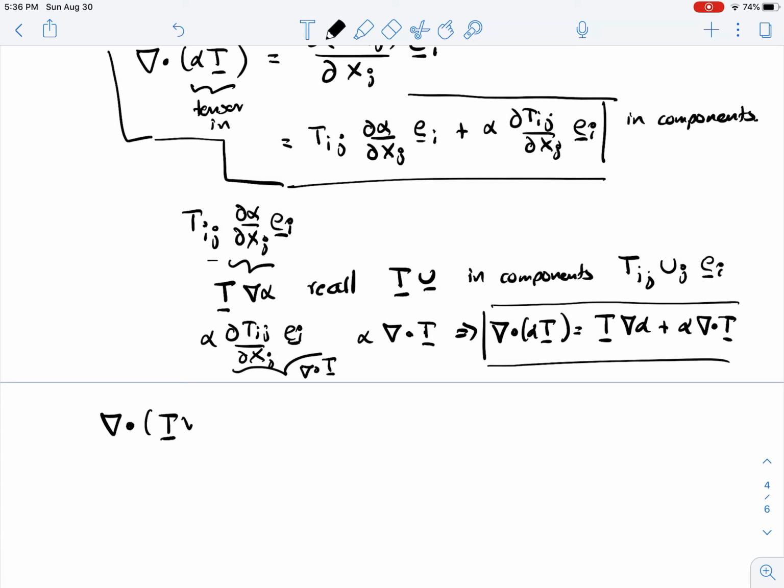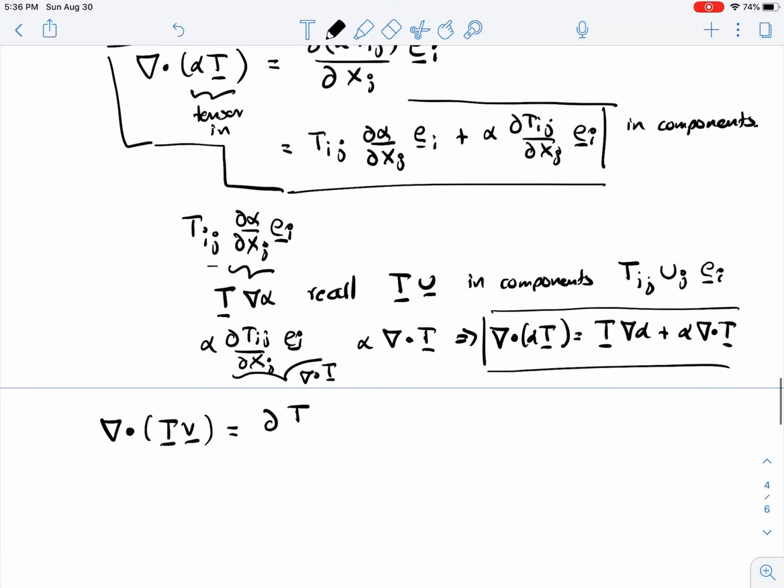Let's do one more. So what if I want to do the divergence of T applied to a vector V? So in components, this would be T, and now this is a vector. So I'm gonna get a scalar at the end of the day, right?